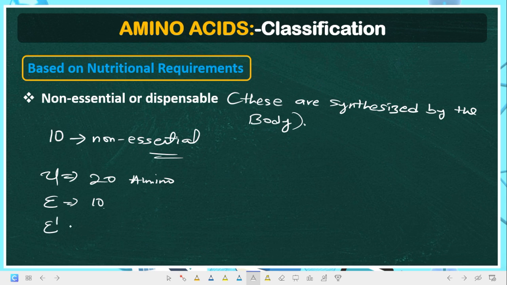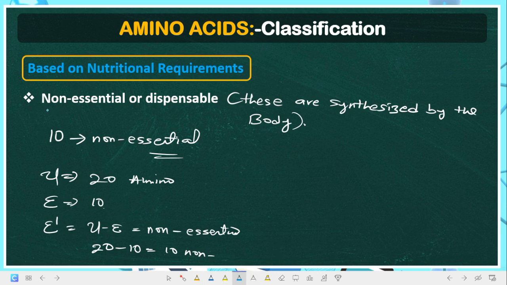E complement will be U minus E, and that will give us the non-essential. We are bringing in the idea of mathematics here. So to get non-essential, the 20 amino acids minus the 10 essential will give us 10 non-essential. Having known the 10 essential, the remaining 10 amino acids are said to be non-what? Essential.